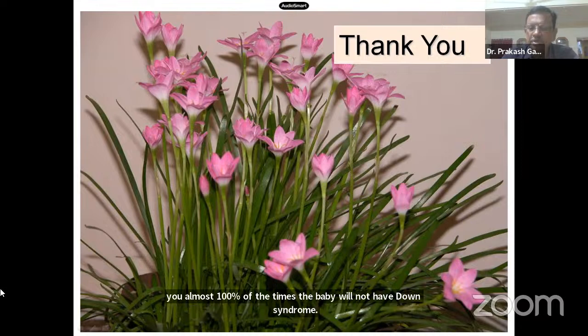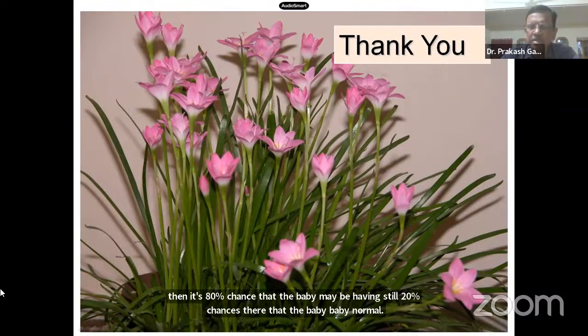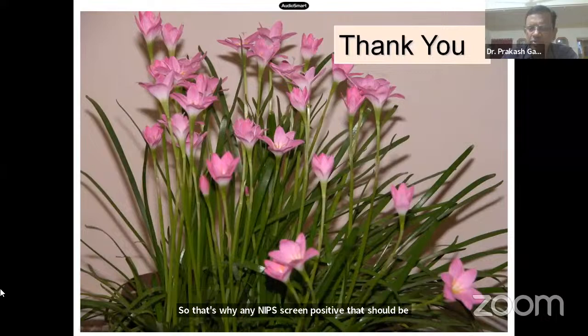But in case it is positive, then even in those situations, say in 50% of cases when the double marker result was negative, there is a 50% chance that the baby may be normal, even with the screen positive result. In case of a high risk result on double marker, there is an 80% chance that the baby may have Down syndrome. Still a 20% chance is there that the baby may be normal. So that's why any NIPS screen positive result should be followed by invasive testing. That is the present status of recommendations.